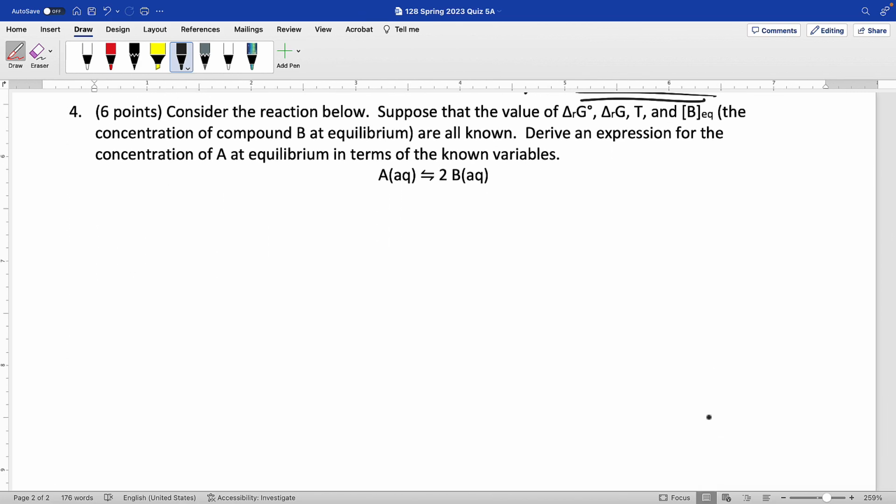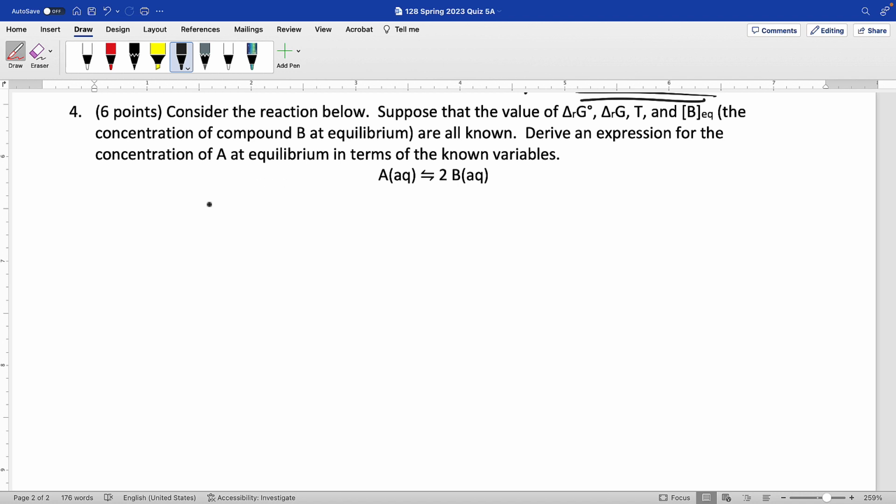All right, number 4. Consider the reaction below. We're given a bunch of things: delta G standard, delta G, temperature, and concentration of B at equilibrium. And we want to find an expression for the concentration of A at equilibrium.